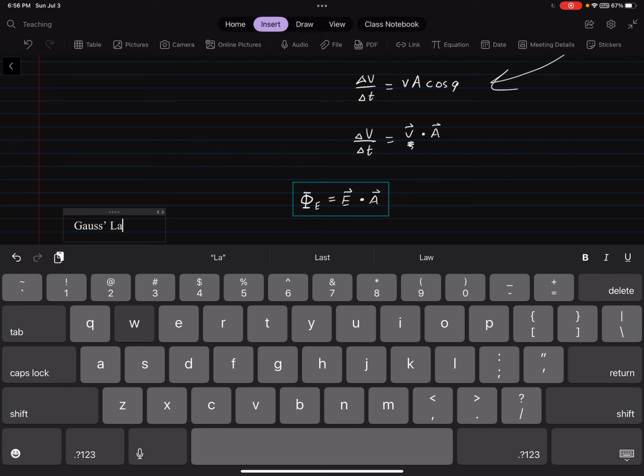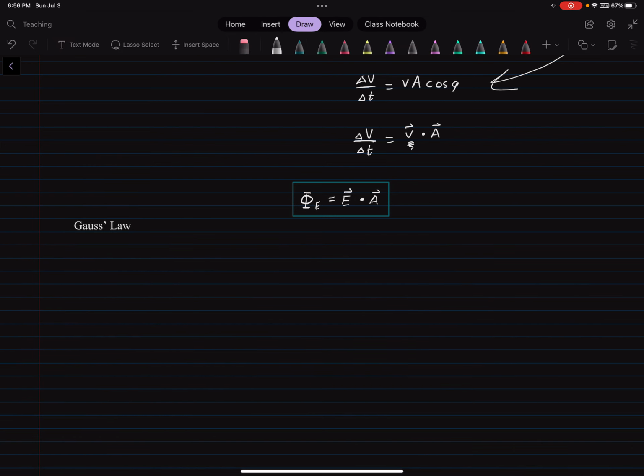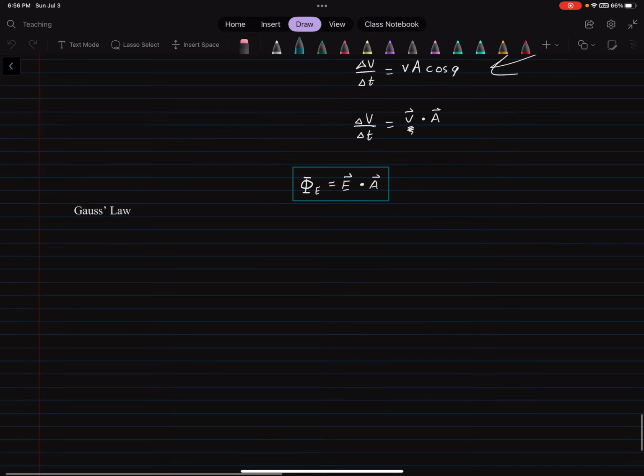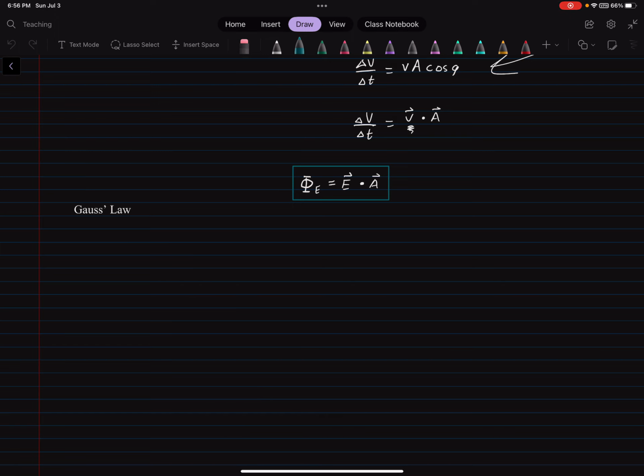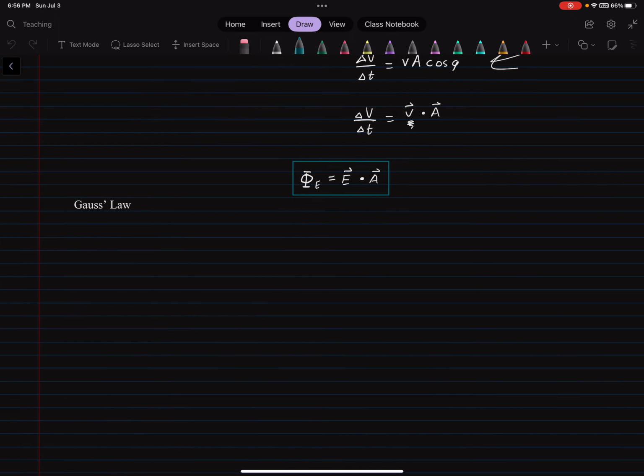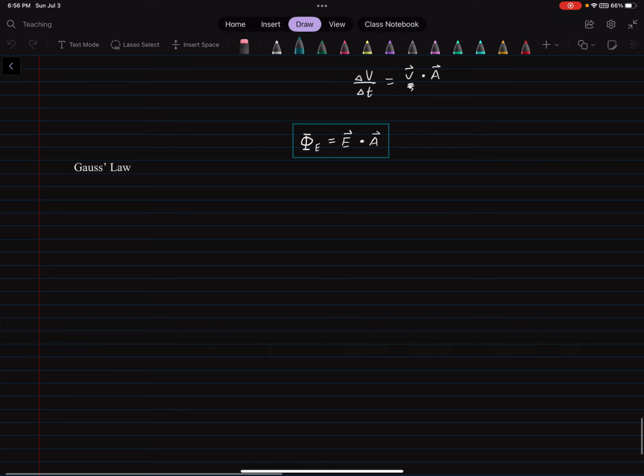But it turns out it helps you solve problems that you wouldn't be able to very easily solve with Coulomb's law. So some things are a little bit easier solved with one tool versus another, even though you can use a screwdriver to bang in a nail, right? Probably best to use a hammer, even though maybe that's not the best analogy because those aren't equivalent, but they can both bang on things. So anyhow, it provides another way of doing things.